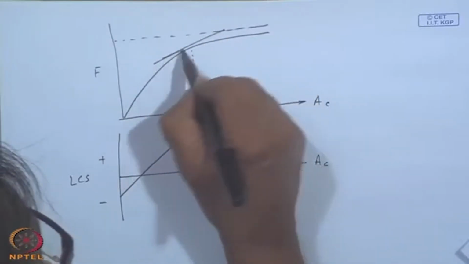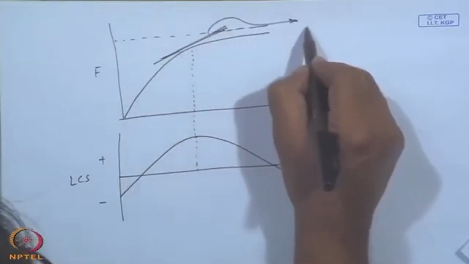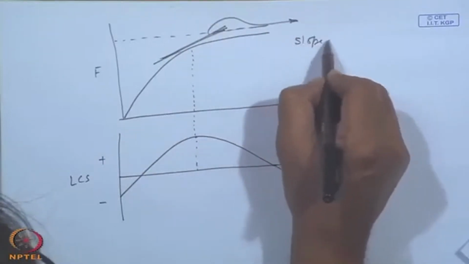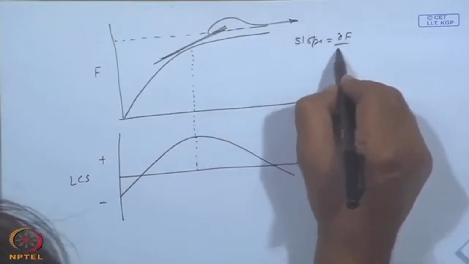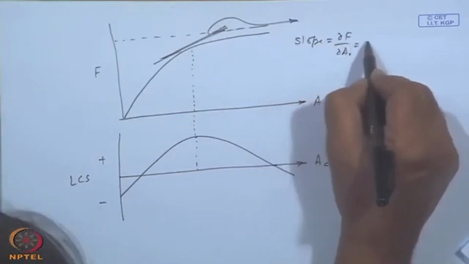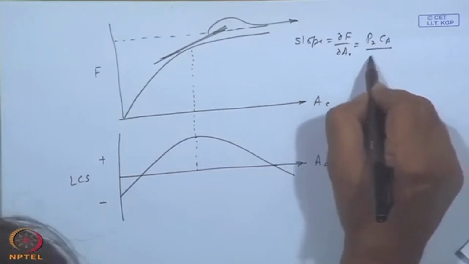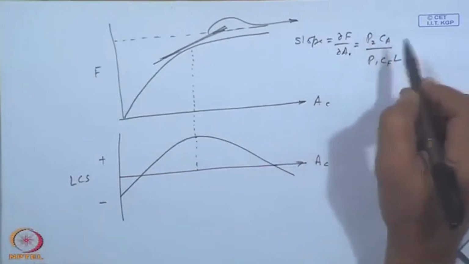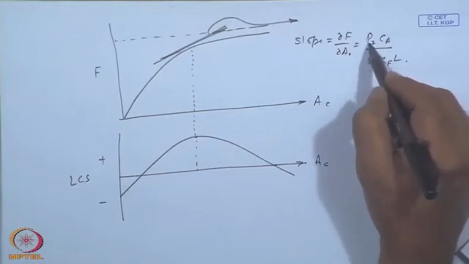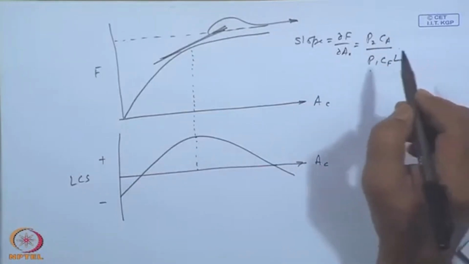So, if you draw a line with slope equal to, of course, dF by dAc is P2 Ca by P1 CF L. So, you know this number, having calculated P1 and P2, Ca is known, Cf is known, L is known.